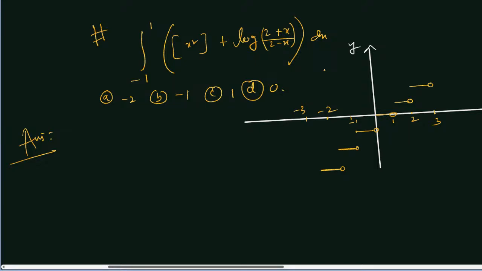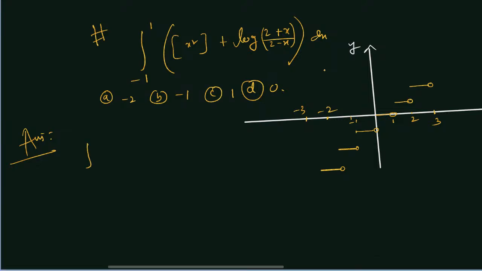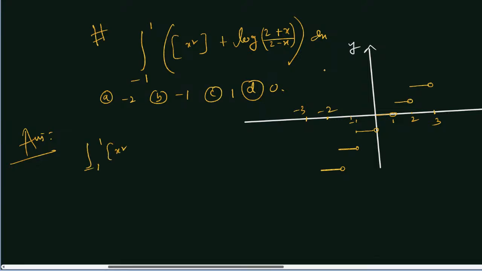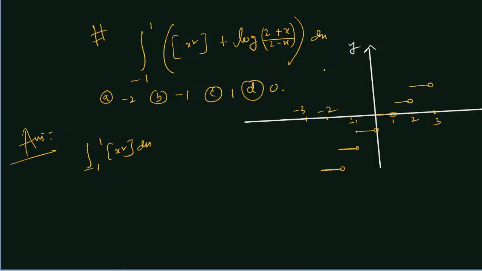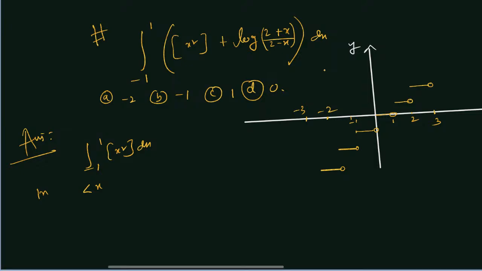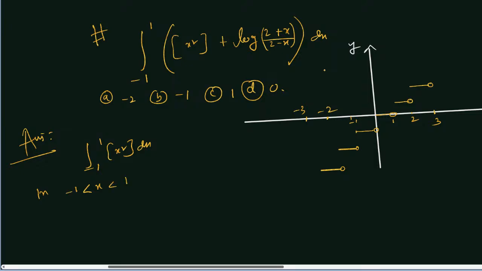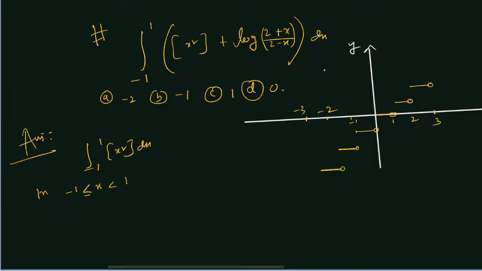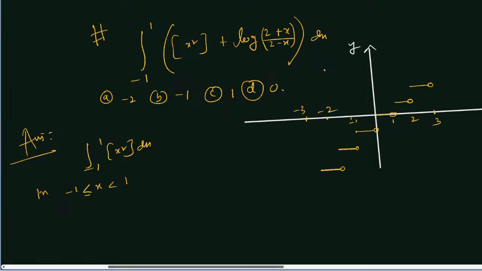That's it. Go step by step. To solve the first part, how will you do it? Modulo x square dx. You just observe that in this interval, x greater than minus 1 and less than 1, what will happen? x square has maximum value 1, x square has minimum value 0.